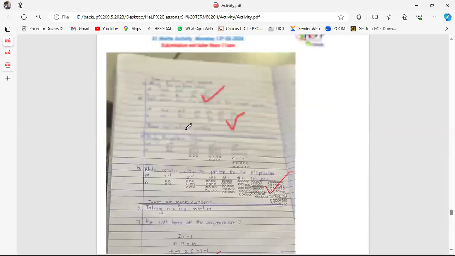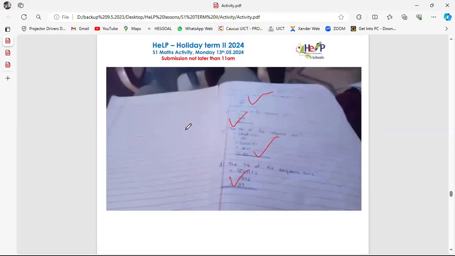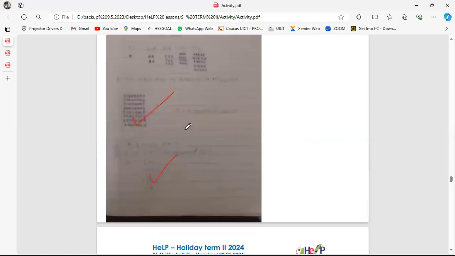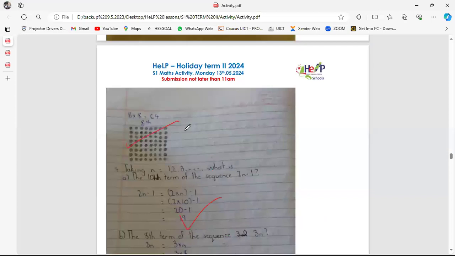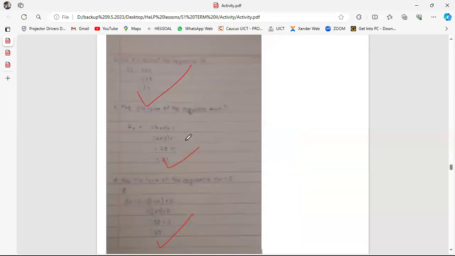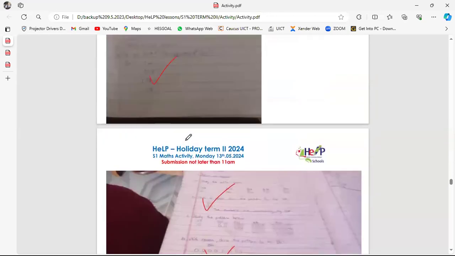Okay, if you're here in the lesson and you've seen your work, put up the hand and take us through how you got your answers for this activity. I want to start what we are to look at this afternoon.